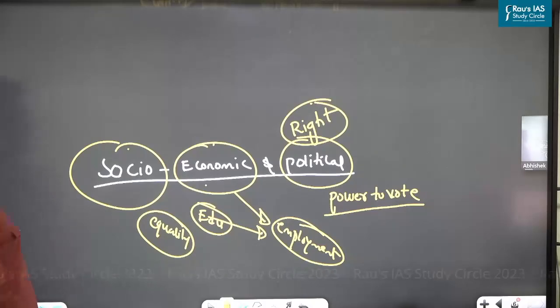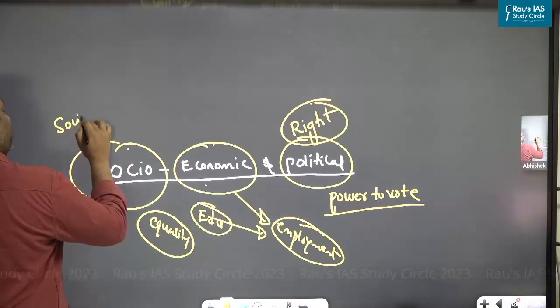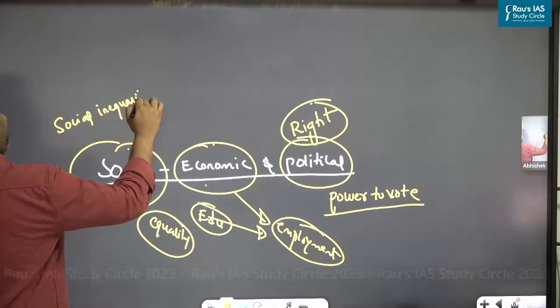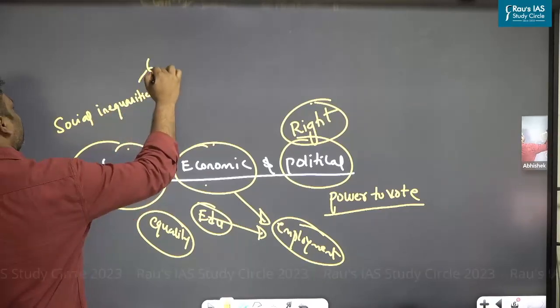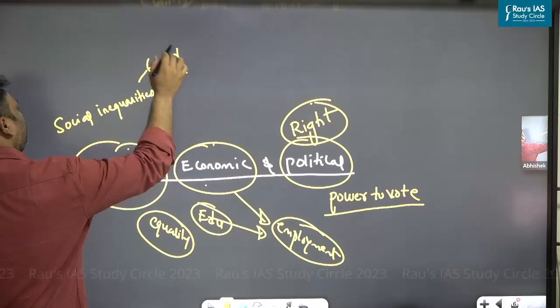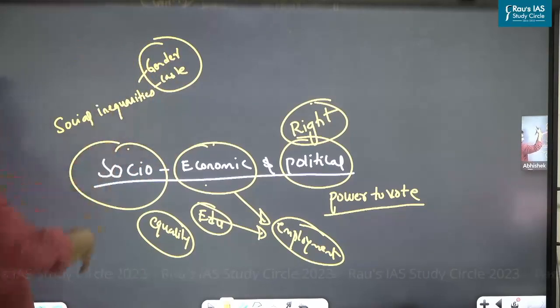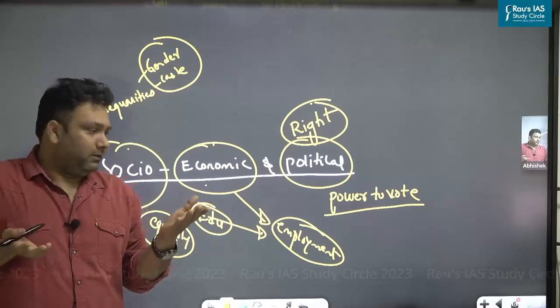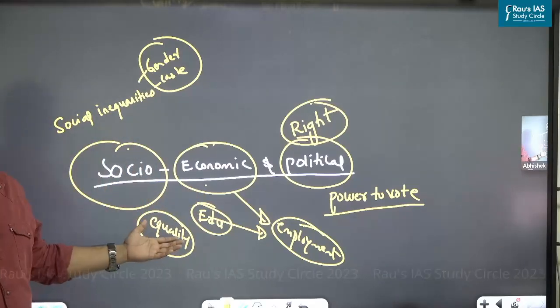So all these social inequalities in terms of gender, caste, etc. When these things are removed, when a Dalit becomes equal to a Brahmin, then they will get education.